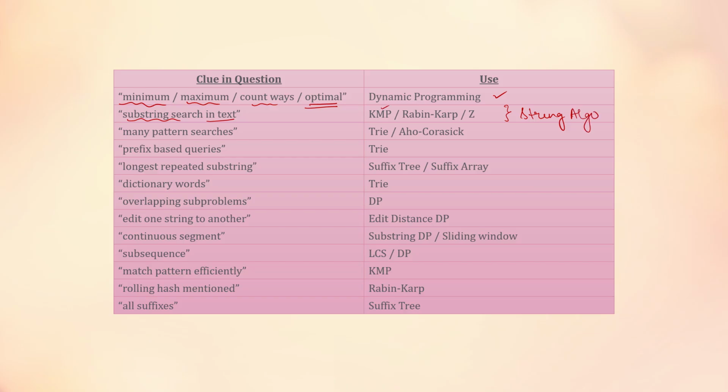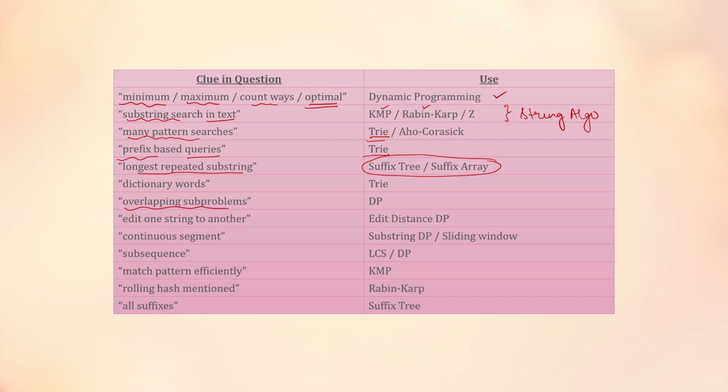We'll be covering KMP, Rabin-Karp. Then many pattern searches, we use trie. Prefix-based queries, we use a trie. Longest repeated substring, we use suffix tree or array. Longest repeating subsequence or substring. Dictionary words, we use trie.